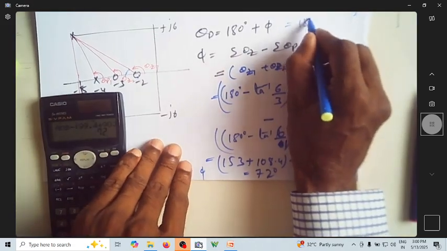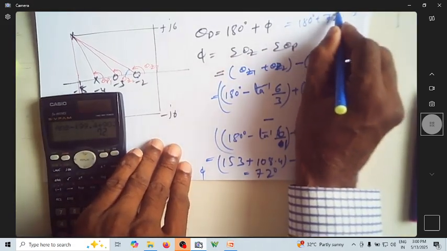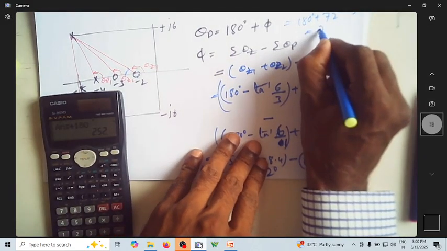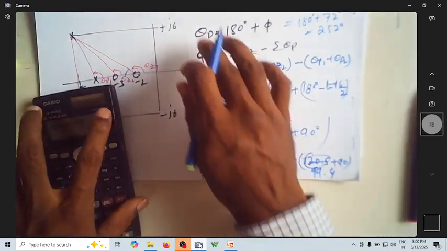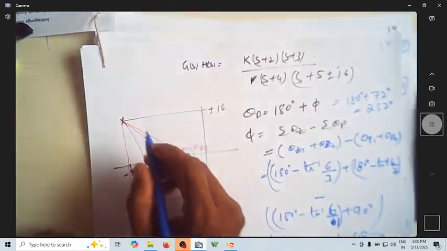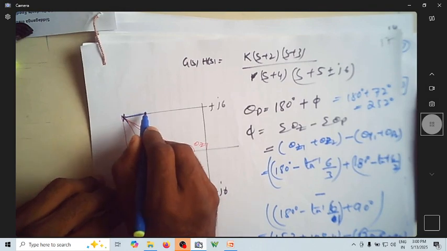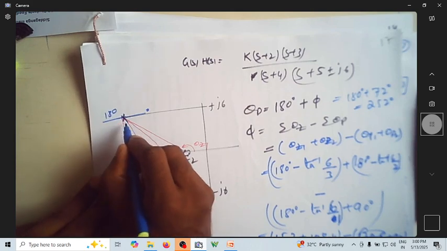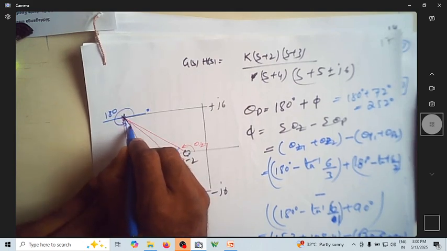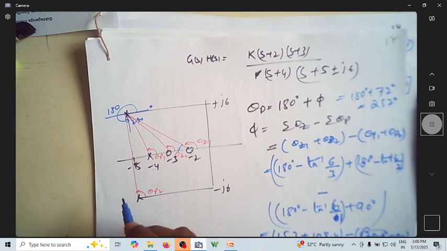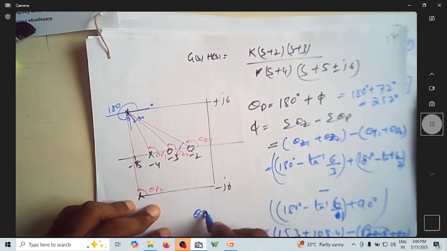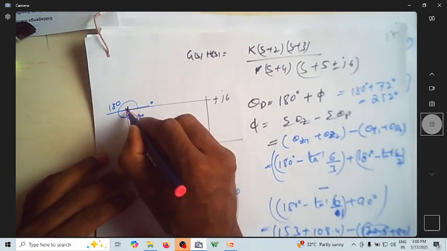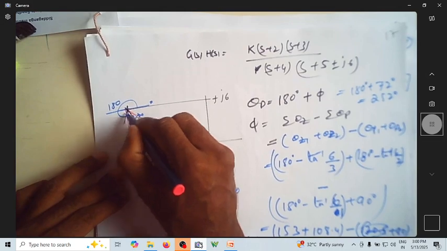So here it is 180 degrees plus 72 degrees, which is 252 degrees. Meaning this is angle 0 degrees, this is 180 degrees, this is 270 degrees. When you say 252 degrees, theta d is 252 degrees. It comes somewhere here.